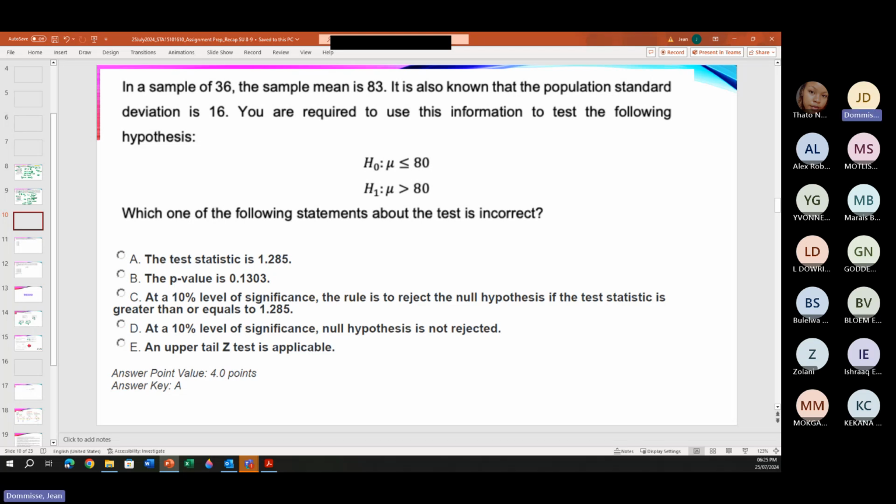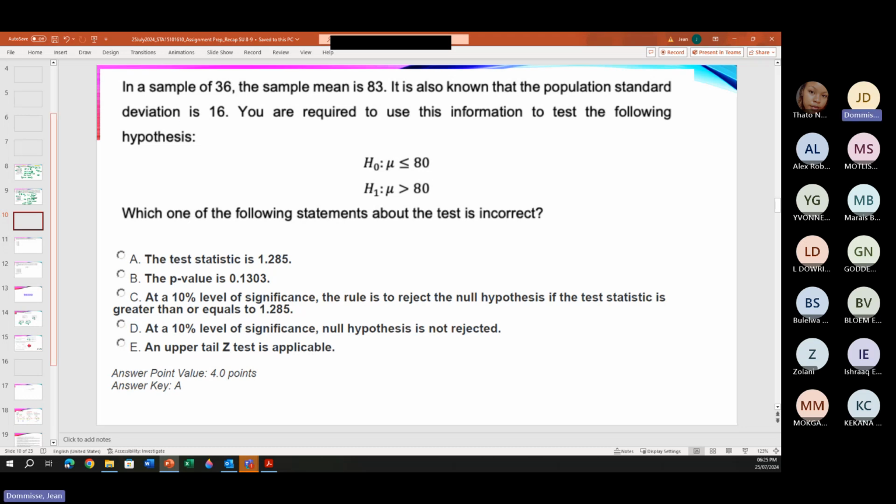We need to look at the Z when we work with a proportion, or at the Z or the T when we work with a mean. So they need to give us that information in the question if we need to make those decisions.